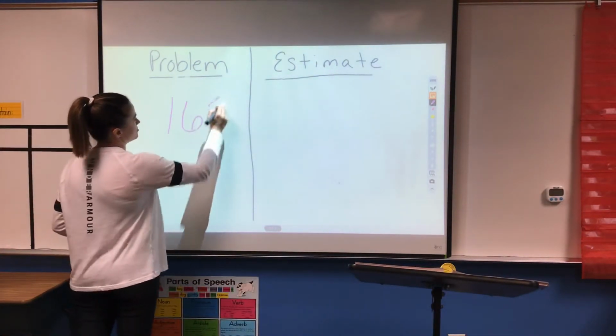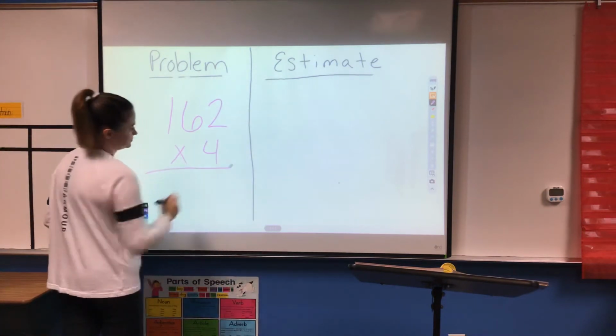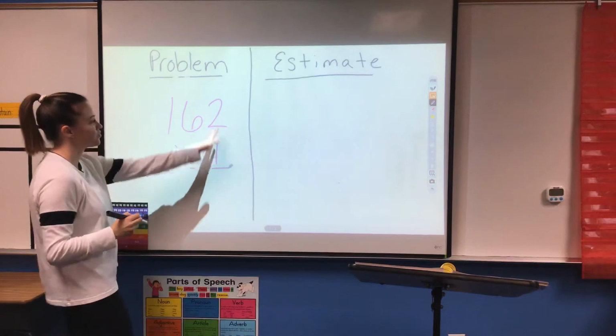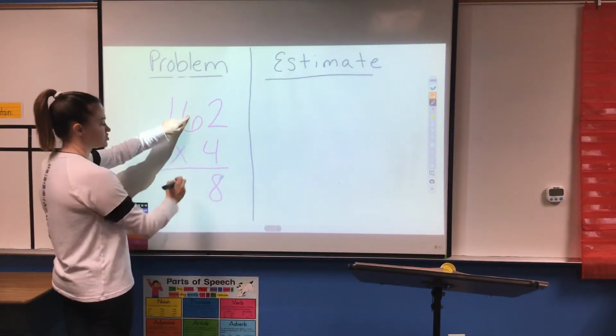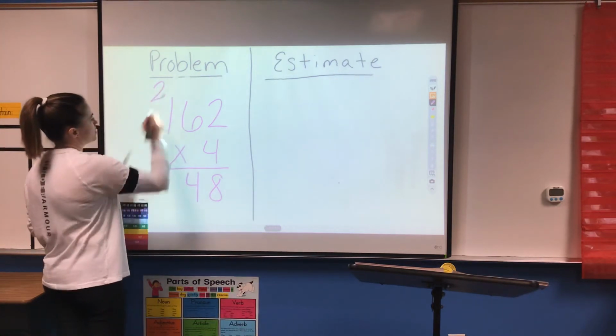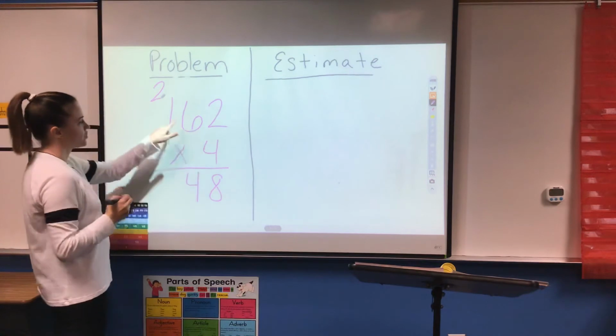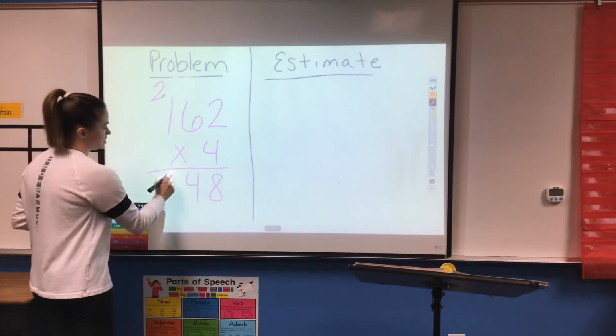So we have our problem, 162 times 4. Always starting from right to left. 4 times 2 is 8. 4 times 6 is 24. So you're going to put your 4 in the tens. Drag your 2 on over to the hundreds. 4 times 1 is 4, plus the 2 that you carried over. Don't forget those.